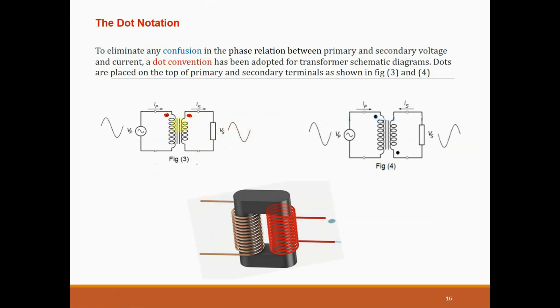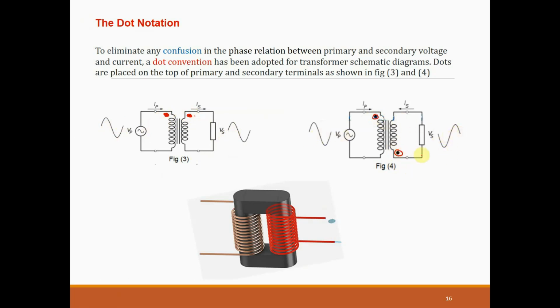Okay? So they have the same position of the dot. Both of the dots are in this point. Okay? Just put a dot here and here. We can say that they are the same polarity. But if the dot is here and the other dot is here, they are in opposite polarity.